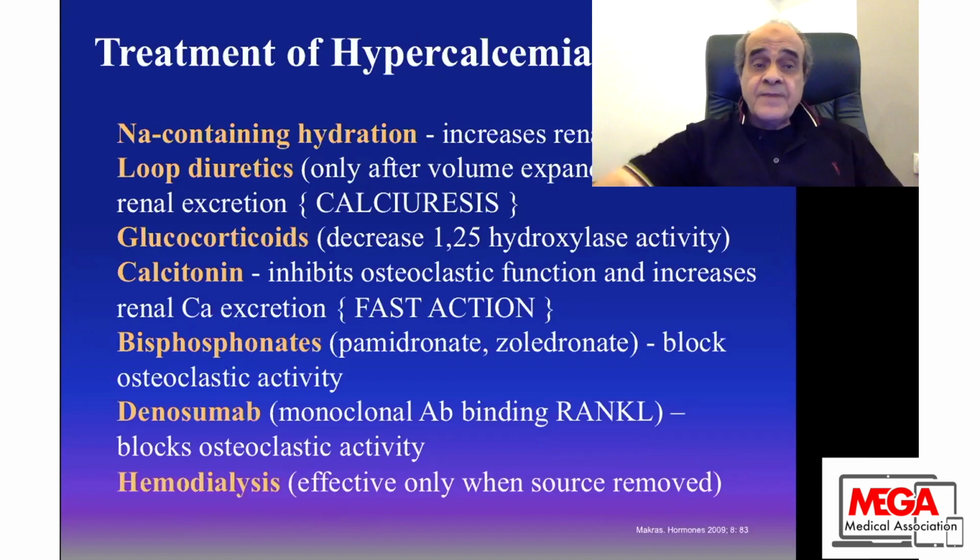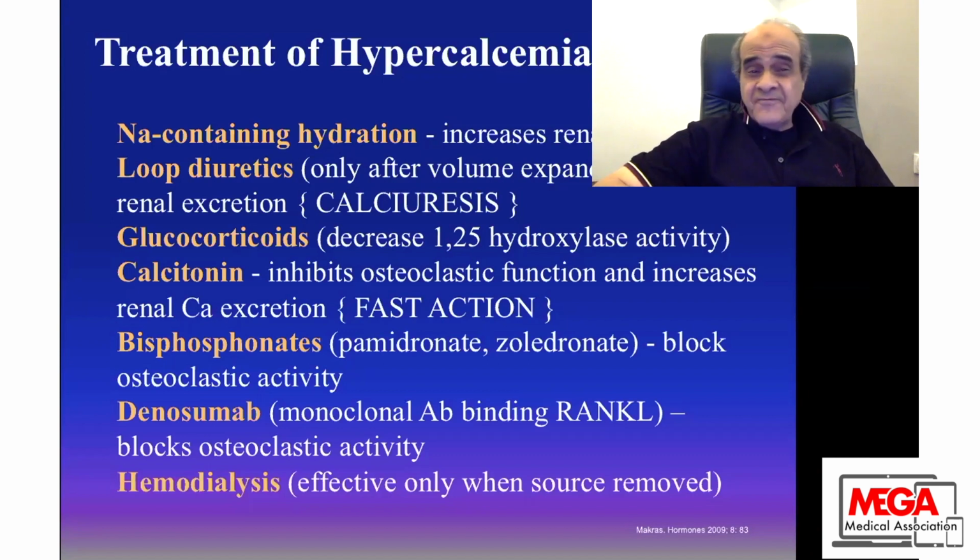Treatment of hypercalcemia, this is a summary. You can give hydration first, pushing out calcium, increasing renal excretion. Loop diuretics only after volume expansion, not in contracted volume patients, otherwise you will precipitate renal failure. Glucocorticoids decrease the vitamin D level.